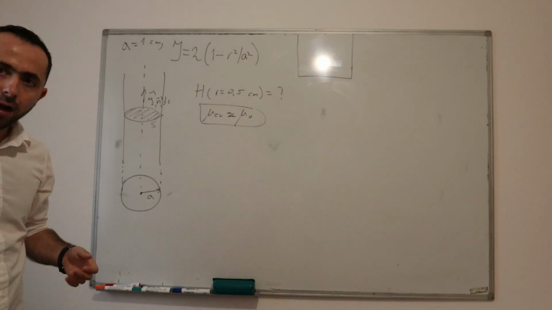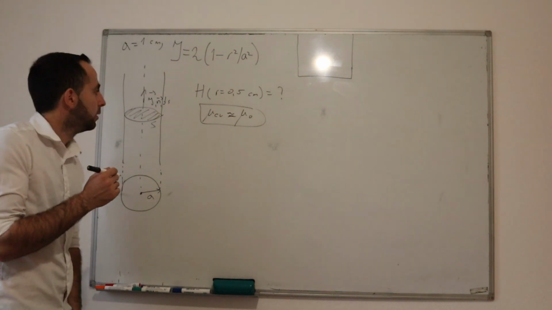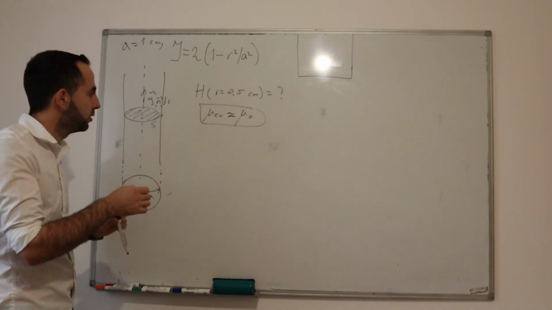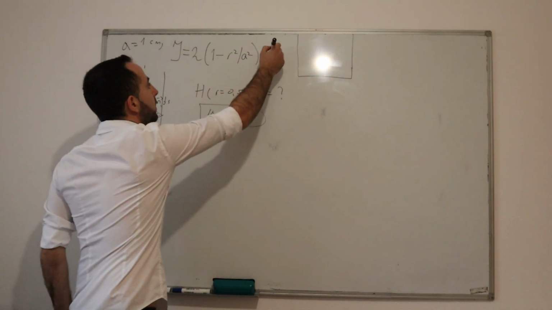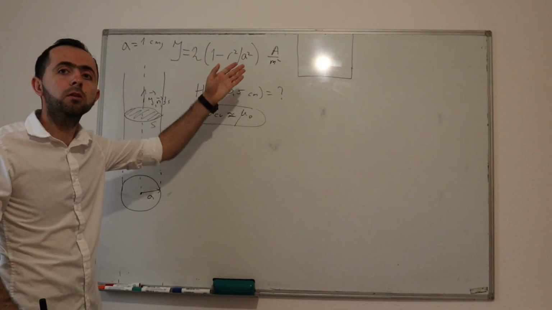But the current density says what is the number of those charges on some small area of surface. Because of that, its unit is ampere per square meter.